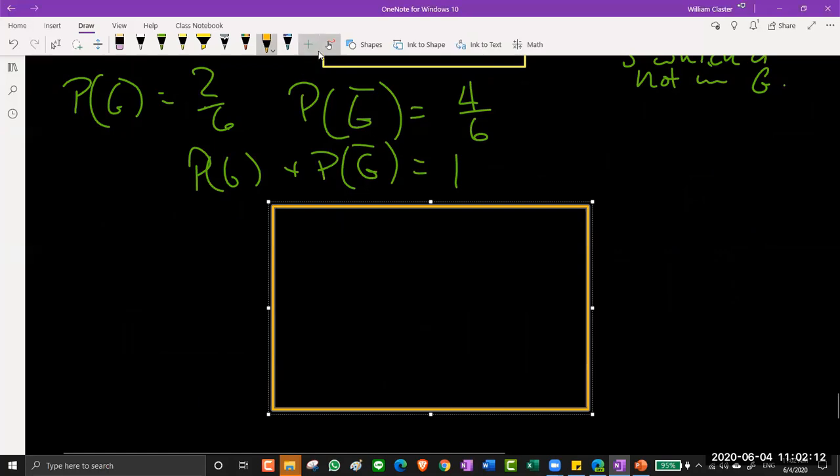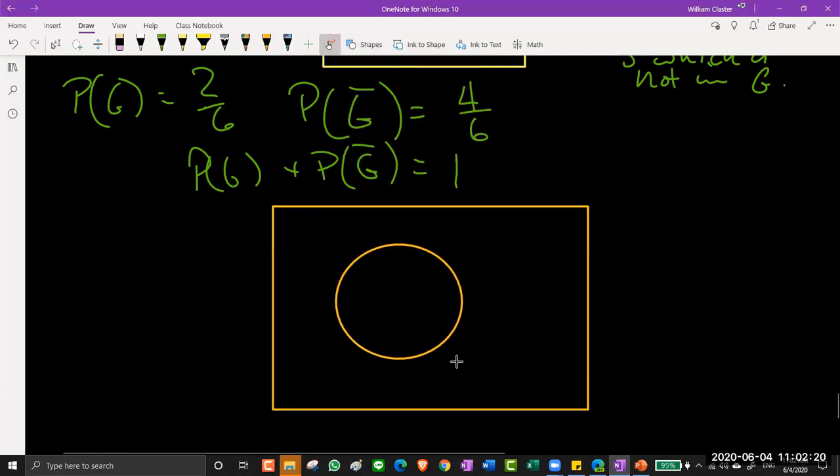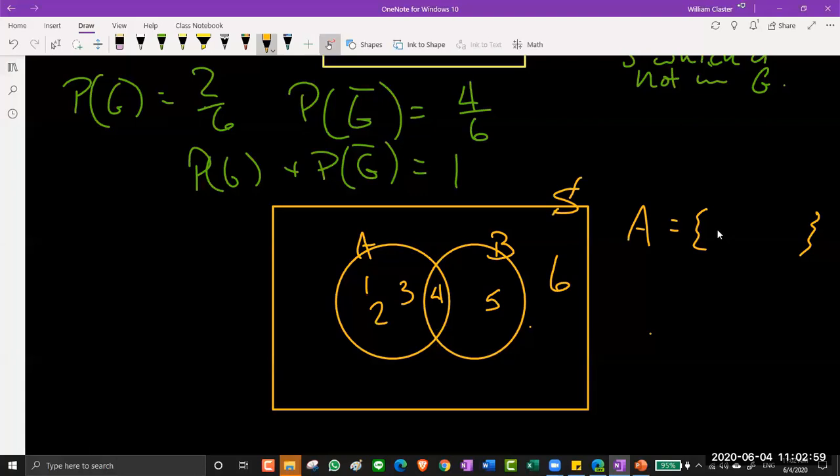Now, how about if we had this picture and we had two more sets here. Let's call this one A, this one B, and this one S. Let's say A is 1, 2, 3, 4, and B is 4, 5.